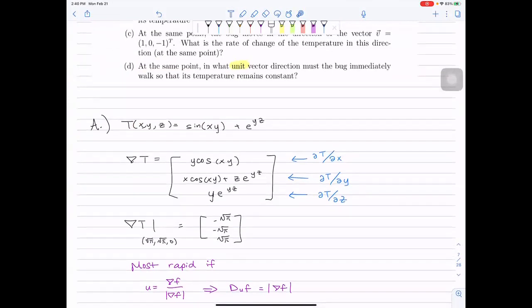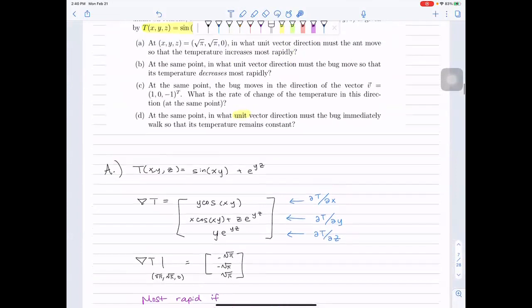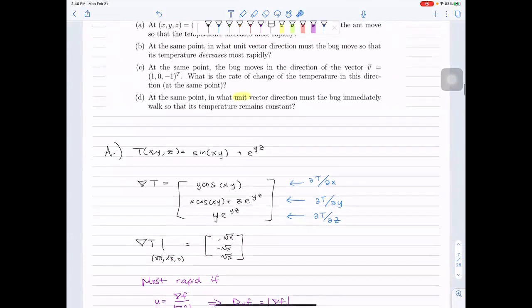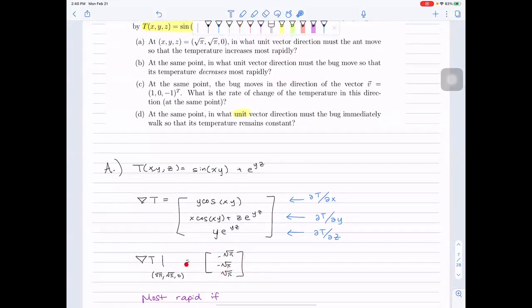And if you evaluate it at the specific point they gave us, which is (square root of pi, 0), then we get that the gradient of T is this vector here. So gradient of T equals negative square root pi, negative square root pi, square root pi here.